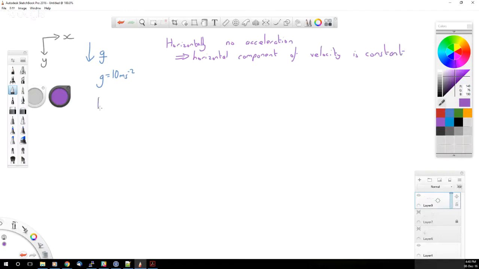Right, so now t equals 0, t equals 1 second I'm going to call t1, t2 equals 2 seconds, t3 equals 3 seconds, and so on and so forth. So we start off with our horizontal component, which I'm going to call v0.